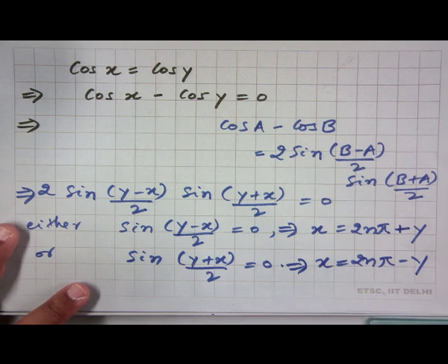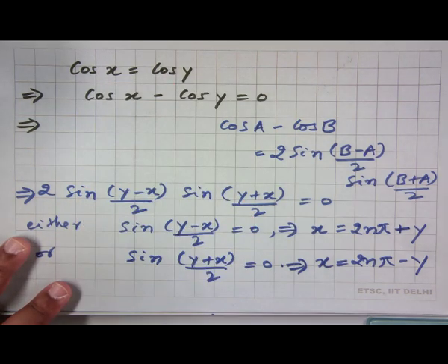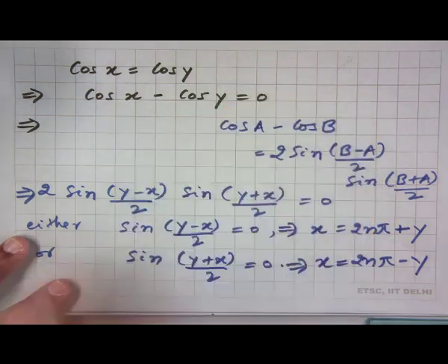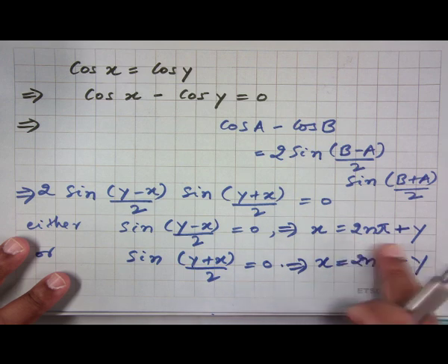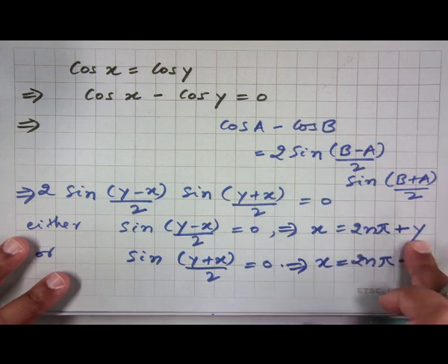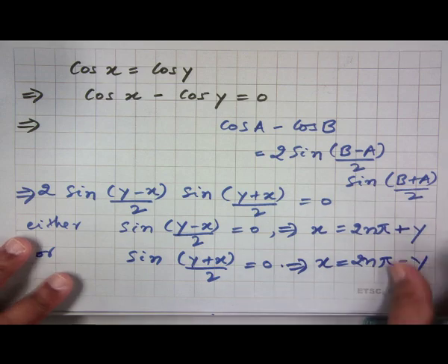And therefore, we see that cos x equal to cos y is only true if x is either 2n pi plus y for some integer n, or it is 2n pi minus y for some integer n. So, either of these two cases.